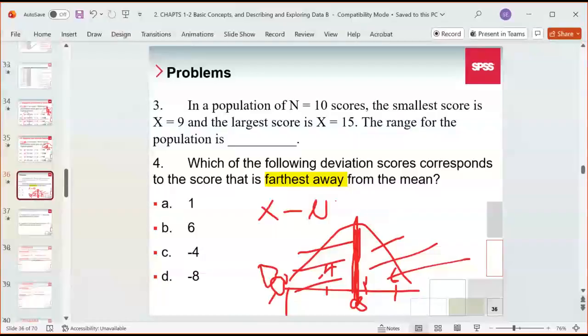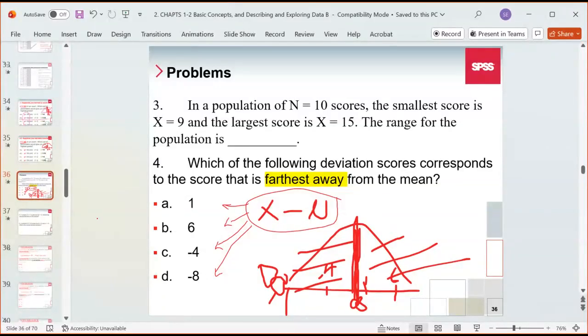This is the formula, x minus mu. This is your deviation. That score, whatever it is, minus the mean, whatever it is, gives us these numbers. So by just looking at them, which one will be farthest away? Of course, the largest number, which is 8, and it tells us it's going to be on the left side, negative 8 points.